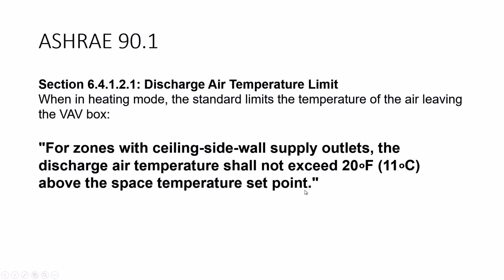Say your set point is 72 Fahrenheit in winter, that is 22 centigrade. You cannot go 20 Fahrenheit, or 11 centigrade, above it. So you can go only to 92 Fahrenheit maximum supply temperature. This is the requirement of ASHRAE for energy management.